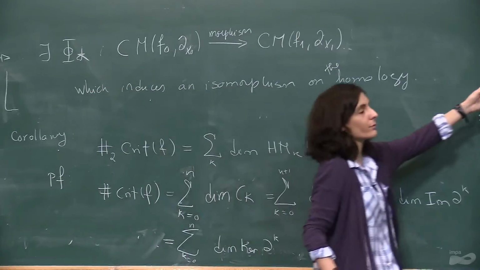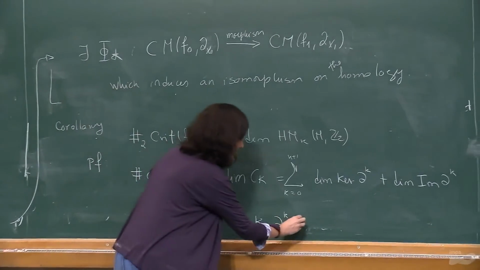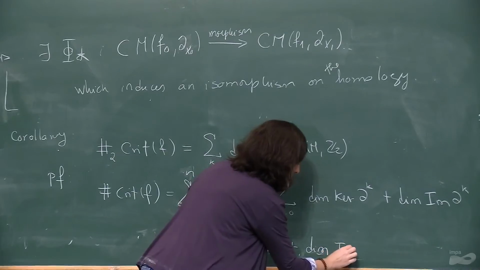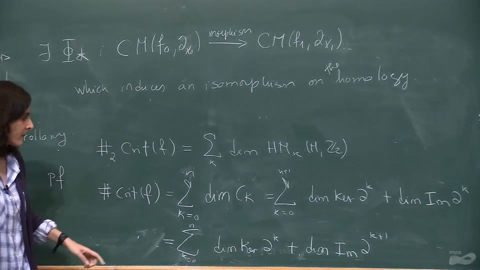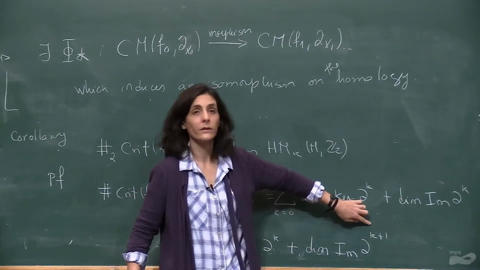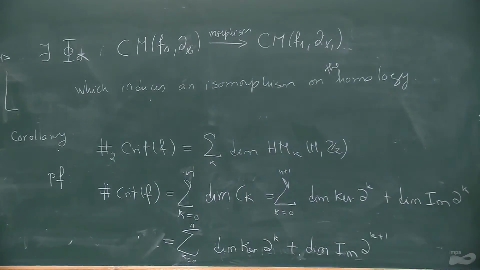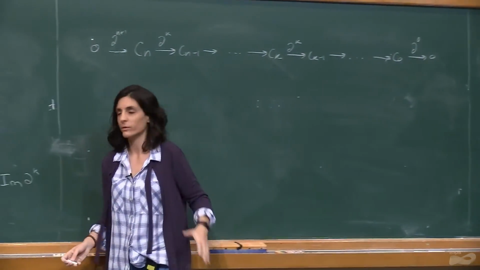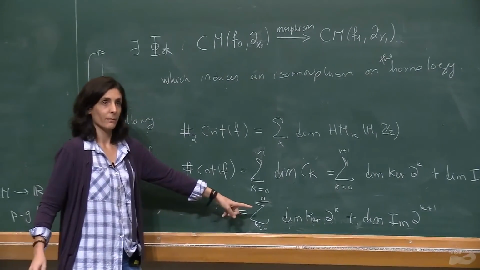The kernel is 0, so it's okay if I ignore it. Plus the dimension of the image of delta k plus 1. So when I do k equal to 0, I'll get here delta 1. I'm ignoring delta 0 here, but the image of delta 0 is 0, so it's okay to ignore it. So I got that the number of critical points is given by this sum, okay?